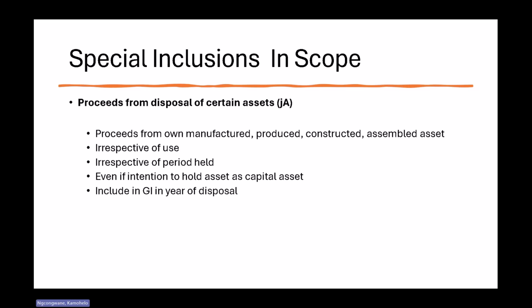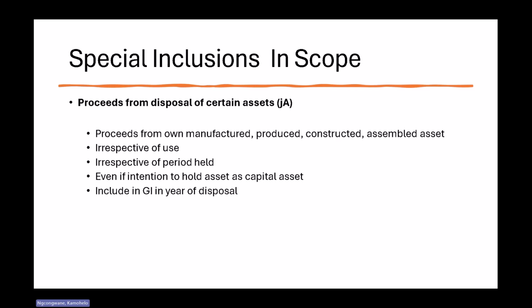But if you're a company that doesn't construct houses or buildings, but for a specific purpose you needed to produce something, I needed to produce this building to be able to work in it. But then after I constructed it, I decided I'm going to sell it.